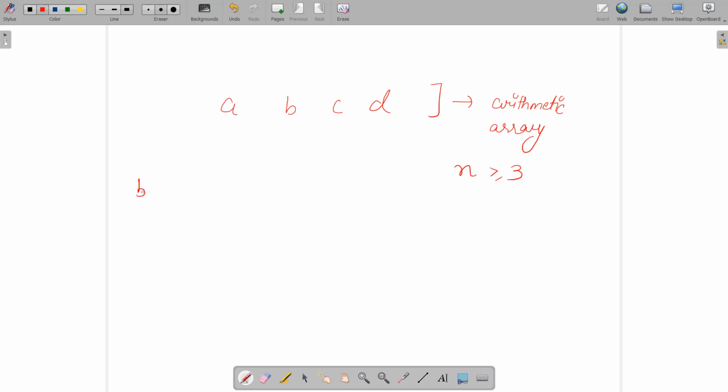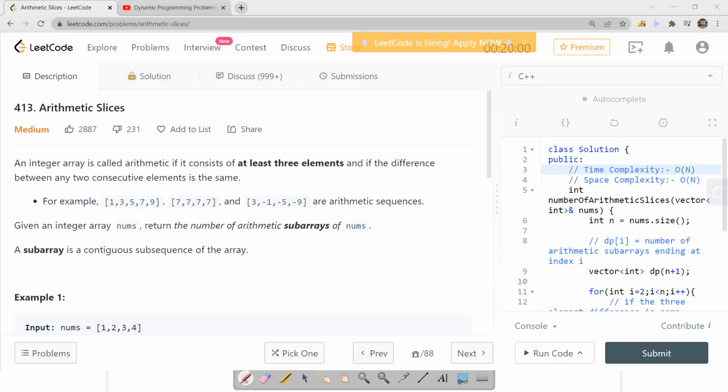So b minus a must be equal to c minus b, which must be equal to d minus c. This is the criteria.